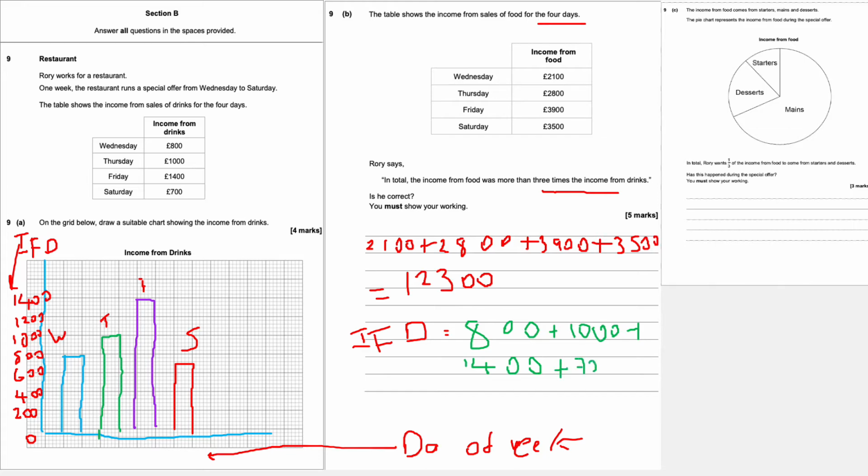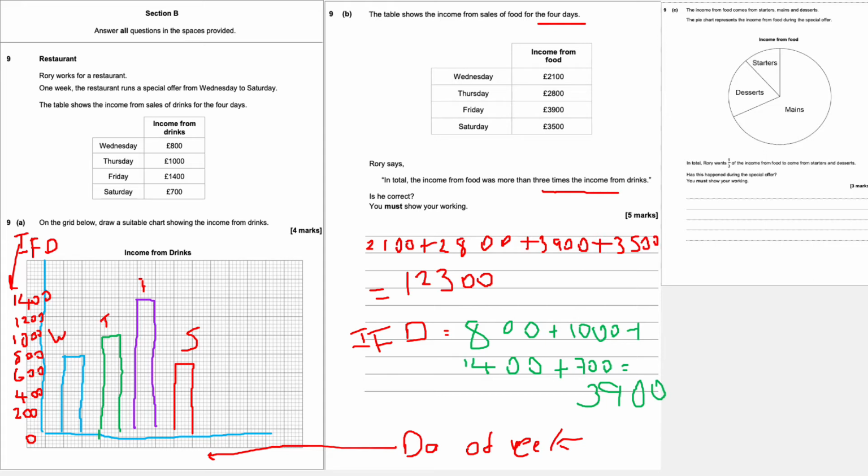So 1,000 plus 1,400 is 2,400 plus 800 is 3,200. So it's going to be 3,900. When you add that together, you can check it on your calculator.